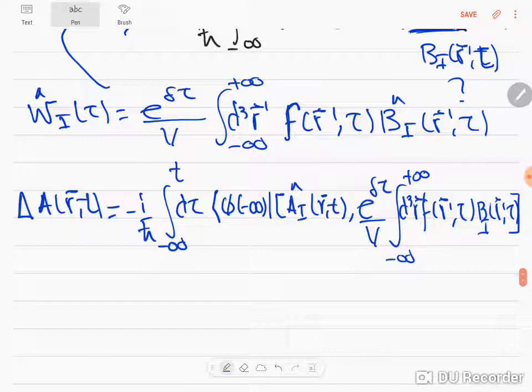Here I close the expectation value, and then I operate on phi of minus infinity.